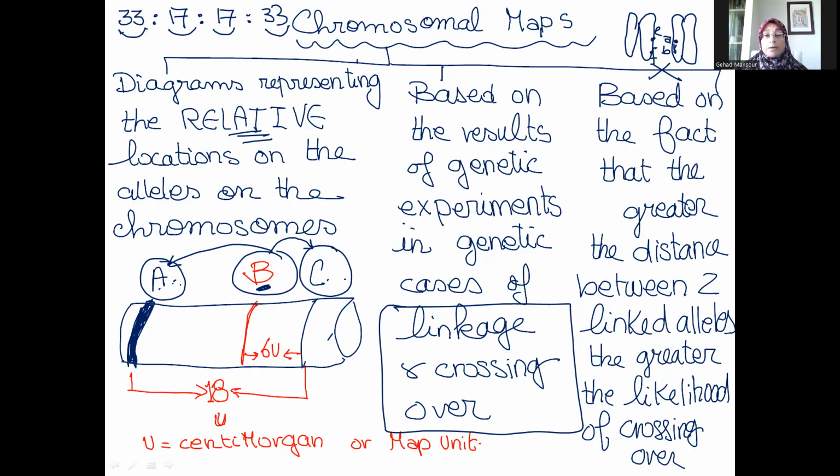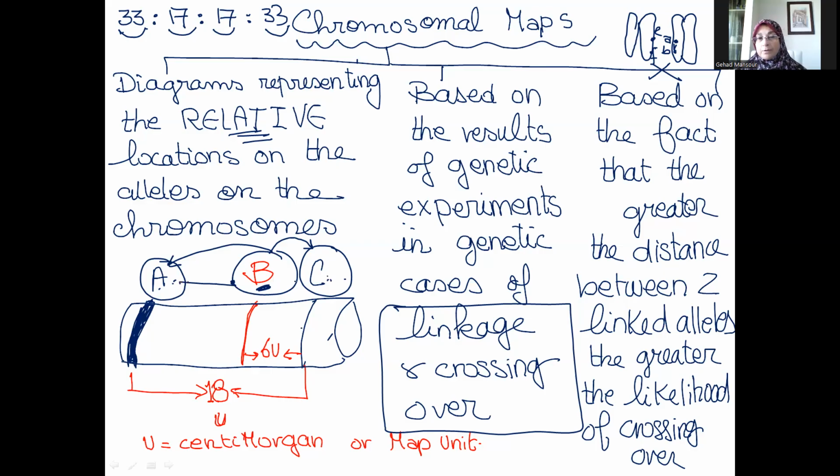For example, in that diagram on the screen, you can see that the distance between A and C is bigger than the distance between A and B. Therefore, the likelihood of crossing over between A and C is greater than the likelihood of the crossing over process to occur between B and C.